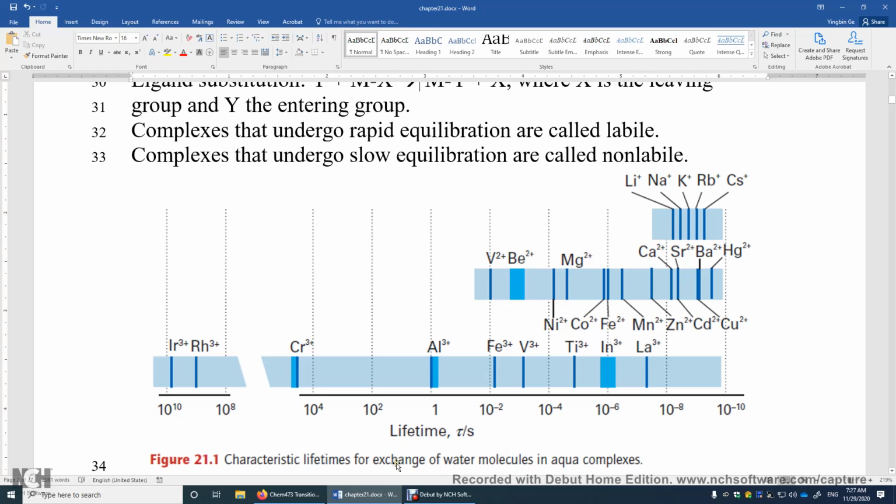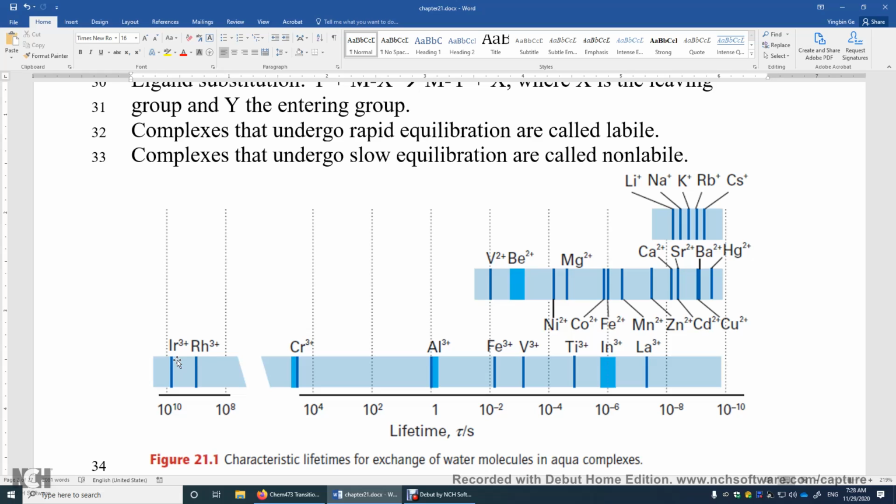So what does this mean? Exchange of water molecules. We're just looking at these metallic ions. For example, this iridium 3+ ion. It's bonded to 6 aqua ligands. And then we just measure how fast the solvent water molecules can replace those aqua ligands.